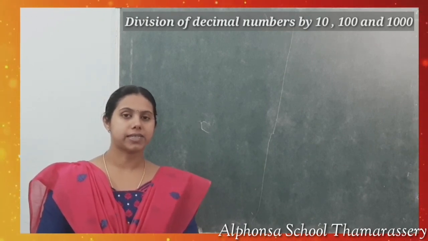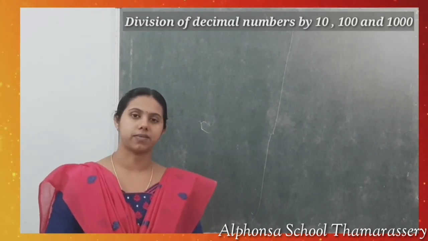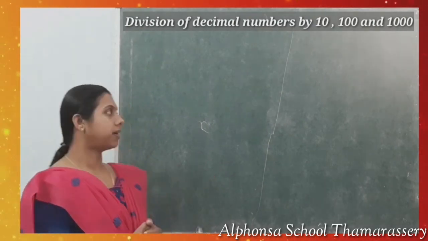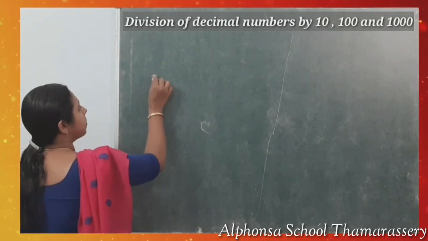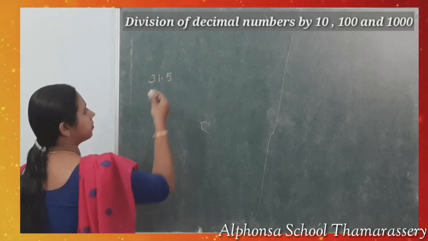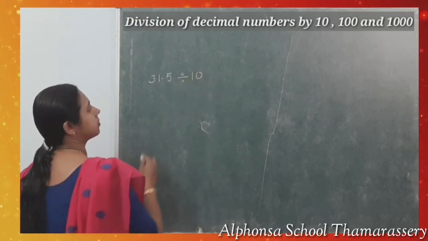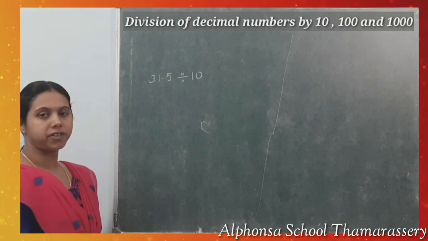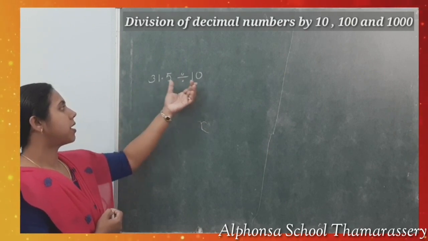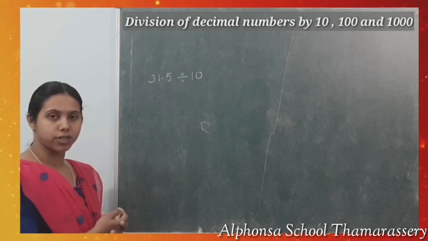When you divide a decimal number by 10 or 100 or 1000, what will be the quotient? For example, 31.5 divided by 10. When you divide this decimal number by 10, we know how to change the decimal number to fraction form.